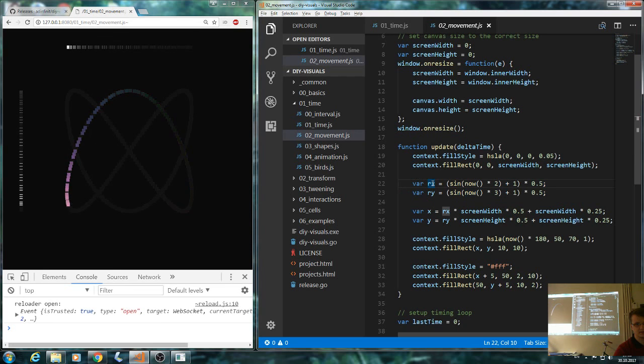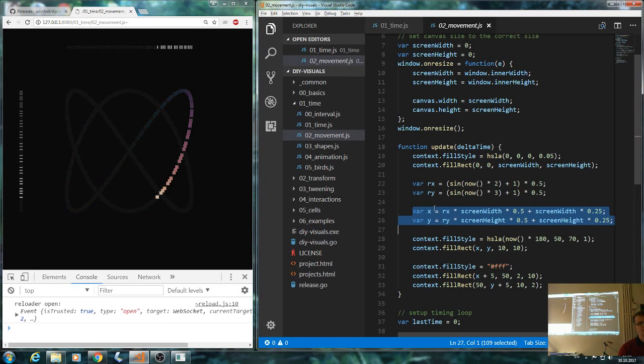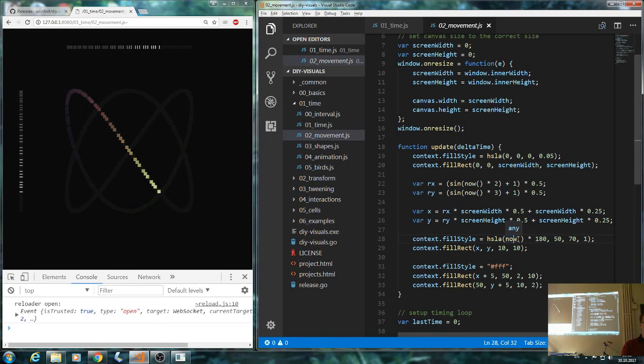Here, this rx and ry, and then this calculation ensures that we center it on the screen, and then we draw it, and we use these hue-based values to draw this dot on the screen.